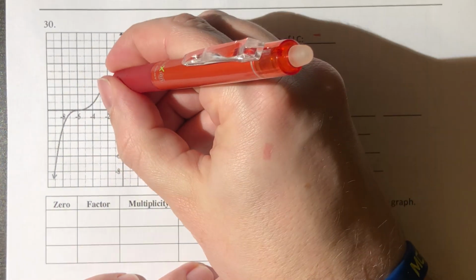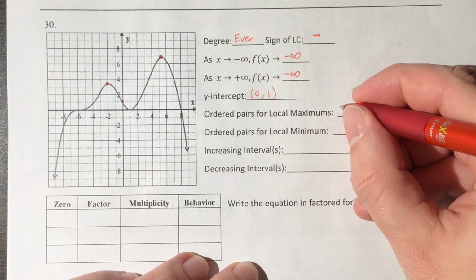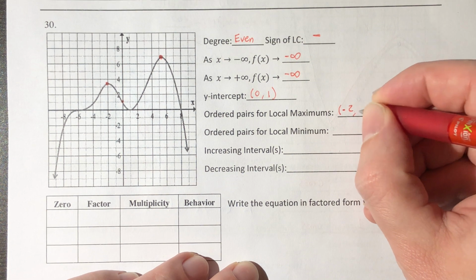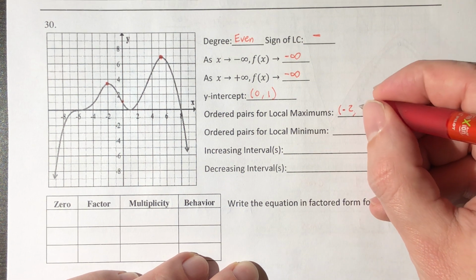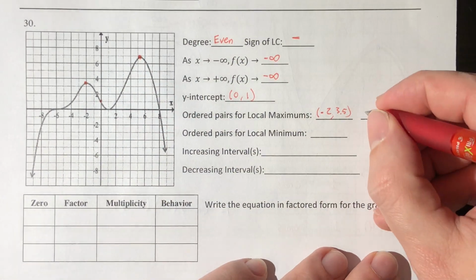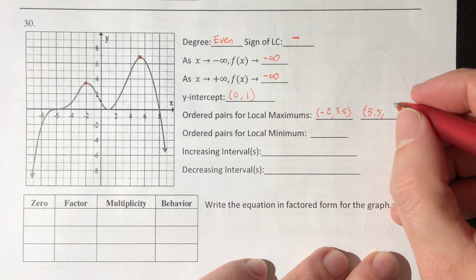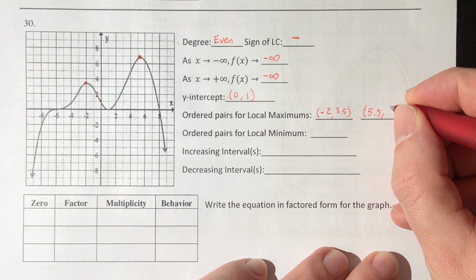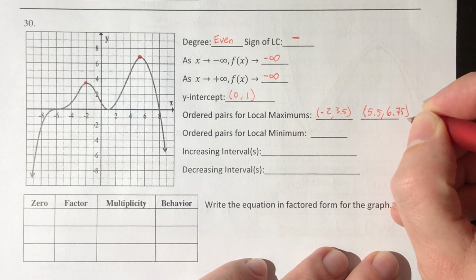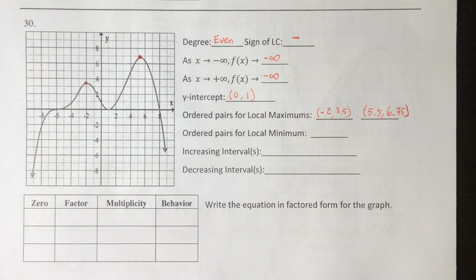I have two local maximums here and there. So this one, we're going to say happens at (-2, 3.5). This one we're going to say happens at 5.5, and we'll call it 6.75 is that ordered pair.